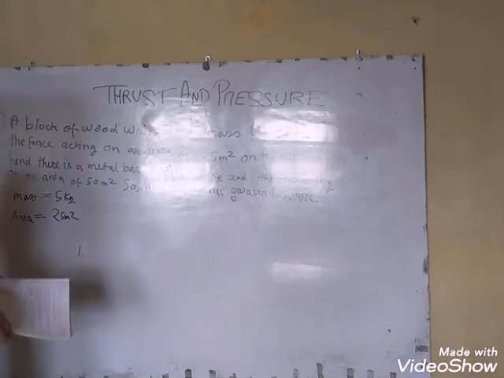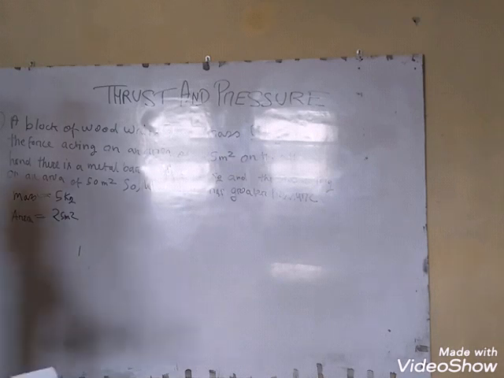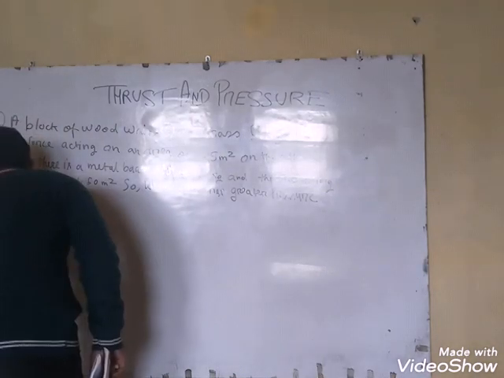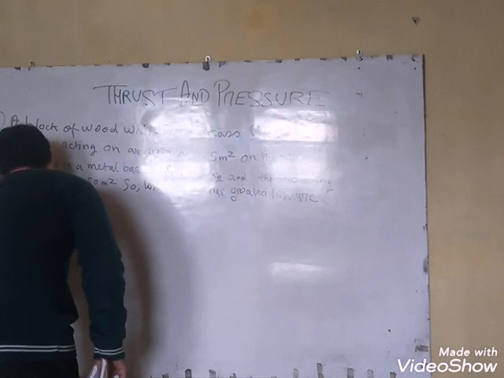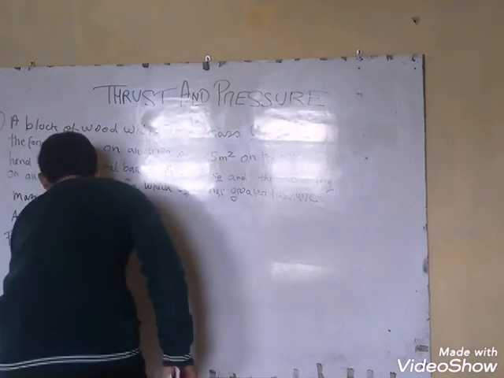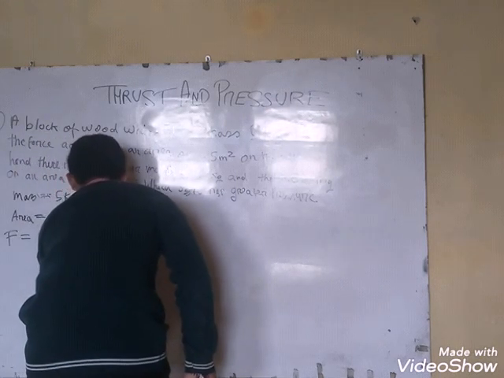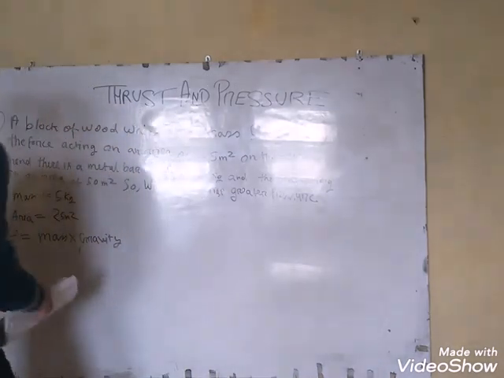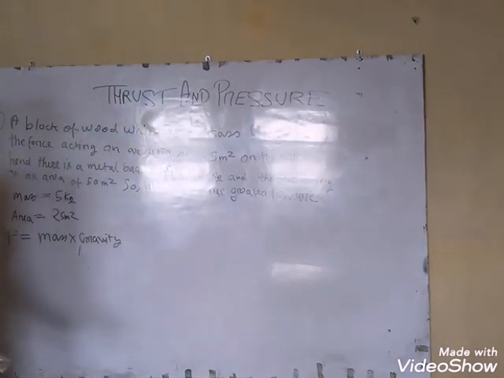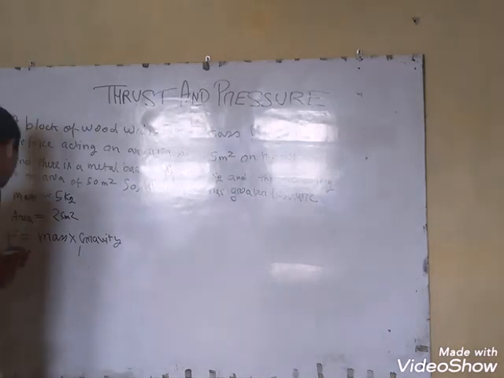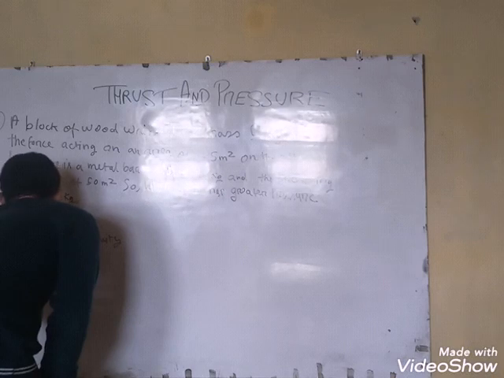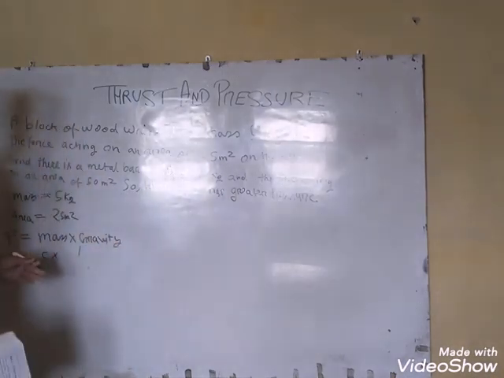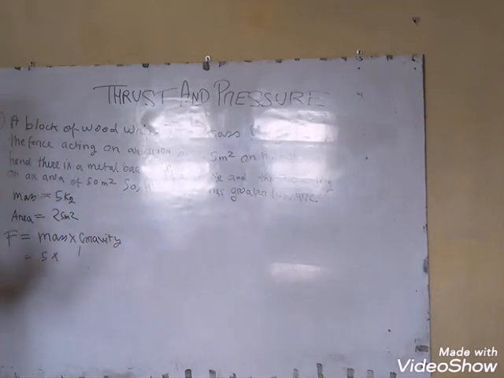So here we have to find pressure. For pressure we have to find force. The formula of force is mass into gravity. Here the mass of the wooden block is 5 kg, and the gravity we can take 10 or 9 or 9.8.